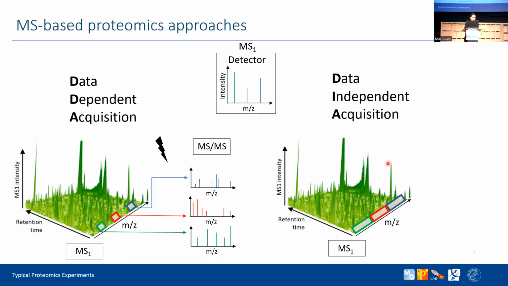We have exactly the same MS1 3D plot, but now we're not choosing one analyte at a time to do fragmentation. Instead, we are taking ranges of the m over z axis and doing fragmentation on whatever this range consists of. So we're not talking about only one analyte at a time, but about a range, and whatever analytes are in this m over z range, I'm going to fragment them and try to identify them.